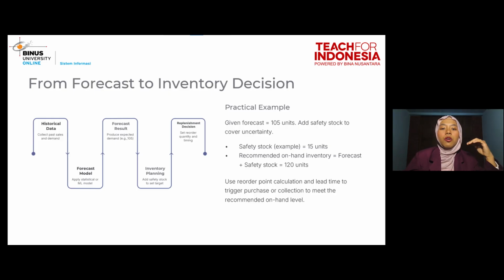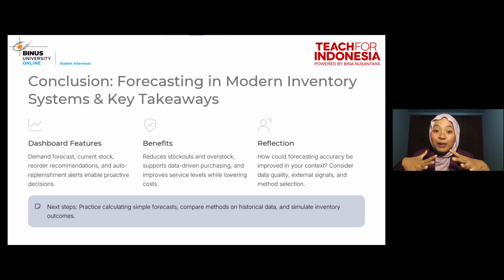In practice, organizations also consider supplier lead times, reorder points, and service level targets when making replenishment decisions. In modern organizations, these calculations are often performed automatically. Conclusion: forecasting in modern inventory systems and key takeaways. Today, forecasting is frequently integrated into inventory management systems.